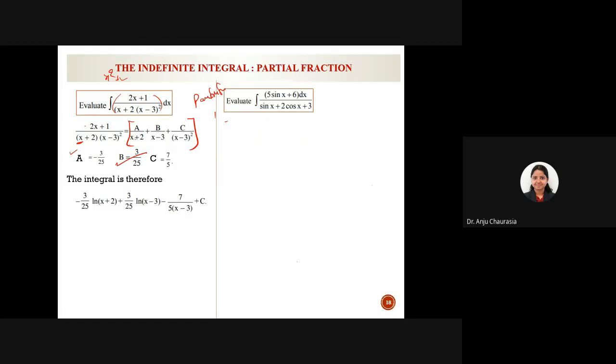When we get this here, that is log of x plus 2. The value of A here is minus 3 by 25 log of x plus 2, because it is a constant, it comes outside, 3 by 25 will come outside, log of x minus 3 and all. That is the beauty of partial fraction. You can see this type of fraction has converted into minus 3 by 25 by x plus 2.